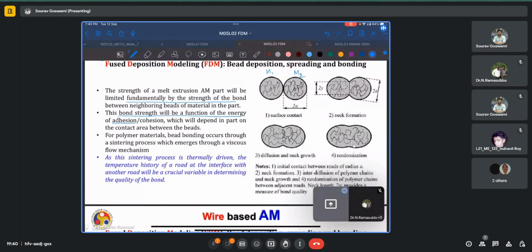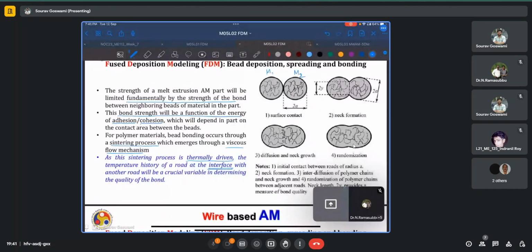And if they are made of the same material, M1 and M1, then the cohesive forces would be the deciding factor. For polymeric materials, which are the common feedstock for FDM-like processes, the bead bonding occurs through a sintering process, which emerges through a viscous flow mechanism. And just like other sintering processes, even this is thermally driven. Thus, the temperature history of the rod, especially at the interface with an adjacent bead, will be crucial in determining the quality of the bond.